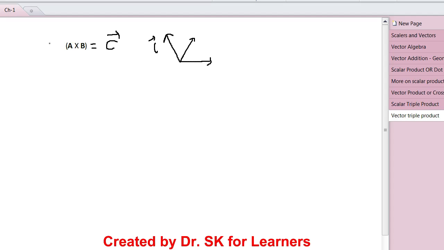Now let's try to multiply this term with either A or B in a dot product. What will happen? That is my question. Let's see. If you try to expand this term, say this is a vector quantity and this is a vector quantity, you will get a cos theta term.